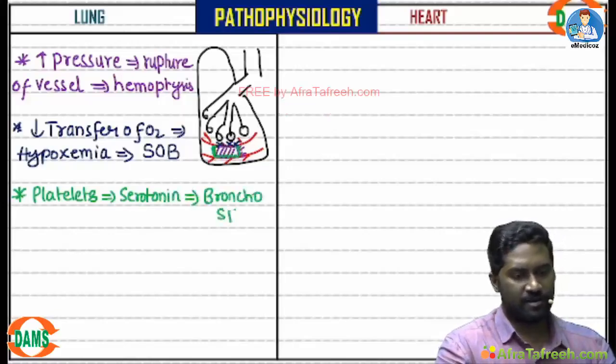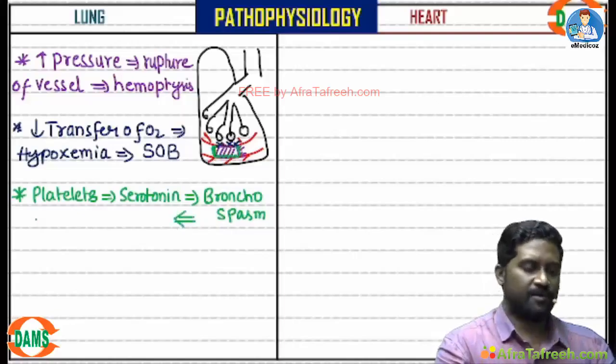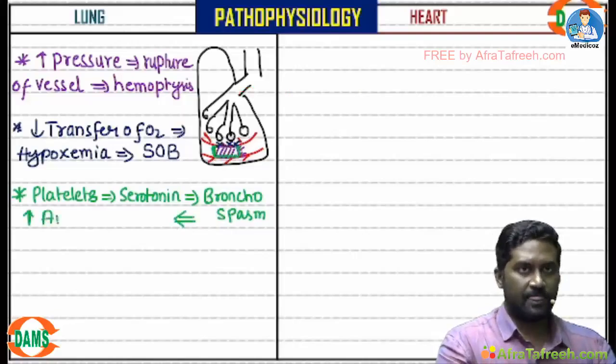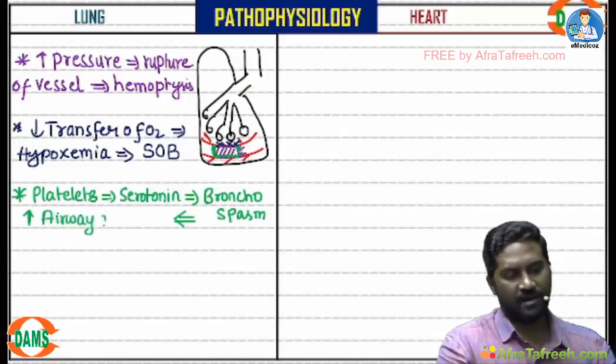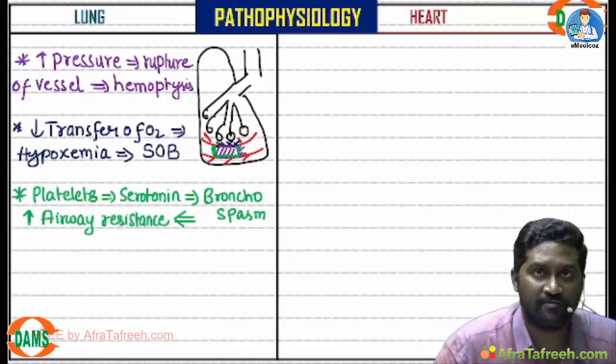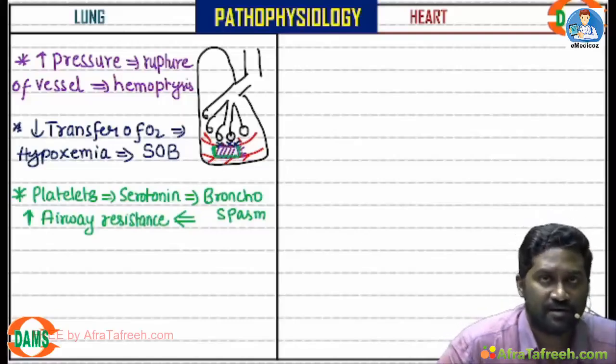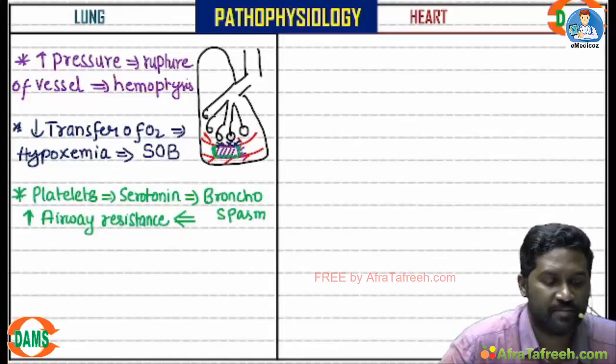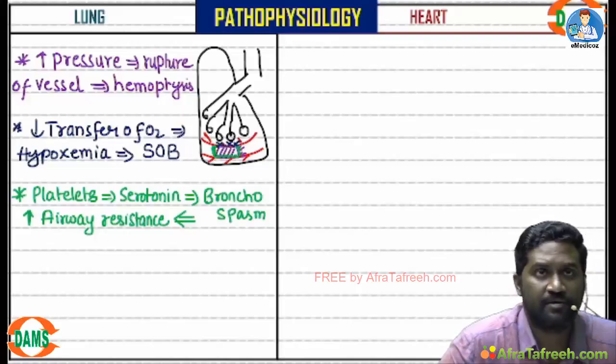Because of this bronchospasm, transiently there can be an increase in airway resistance. Platelets around the thrombi release serotonin, that can result in bronchospasm, and that bronchospasm will increase the airway resistance.